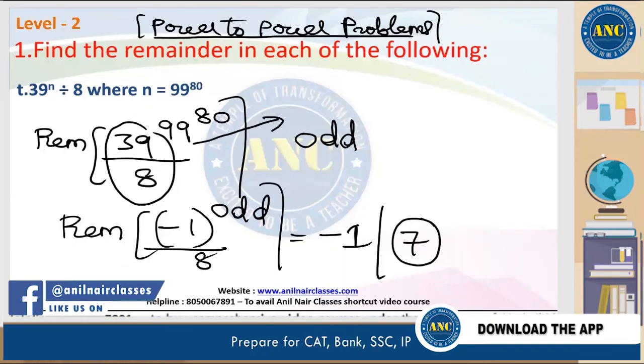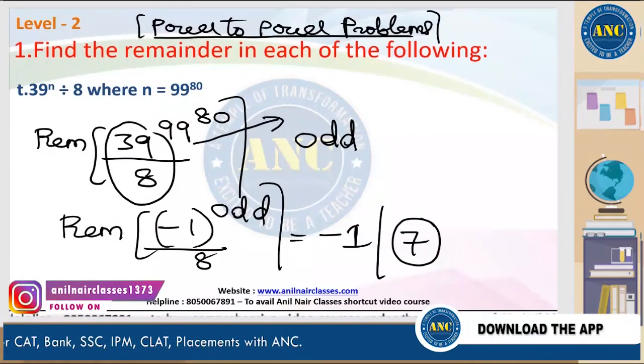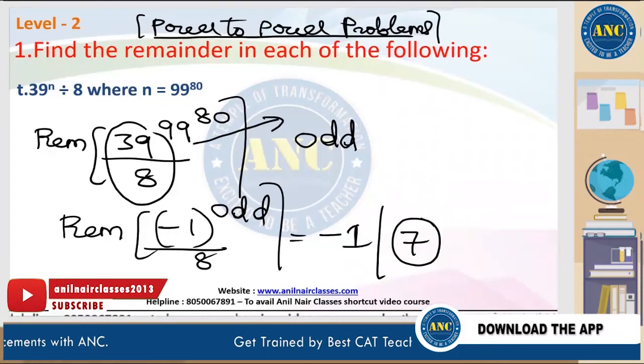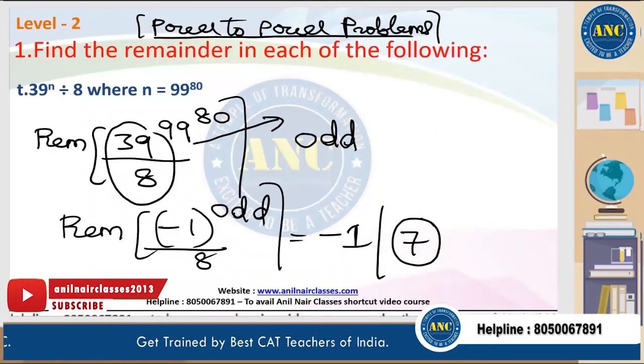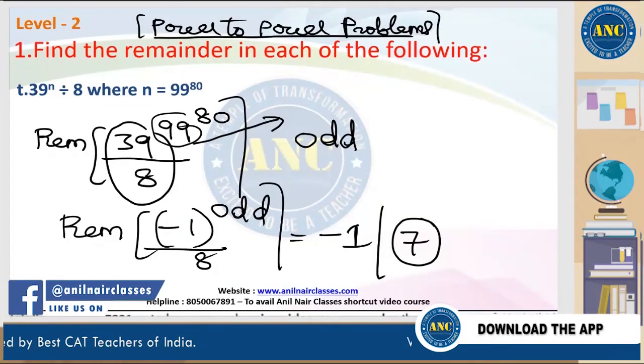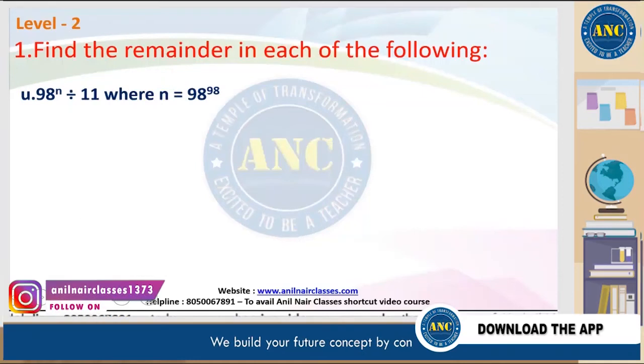I hope it is clear. 8 5s are 40, minus 1 power odd is minus 1, positive remainder will be 7. Idea clear? When there is a power to the power, check the first power. Odd power any number is odd, even power any number is even. Clear? Second one. Now see here.